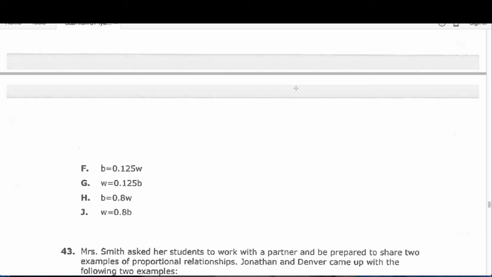F. B equals 0.125W. G. W equals 0.125B. H. B equals 0.8W. J. W equals 0.8B.